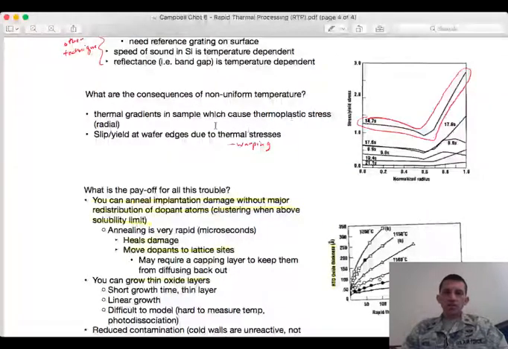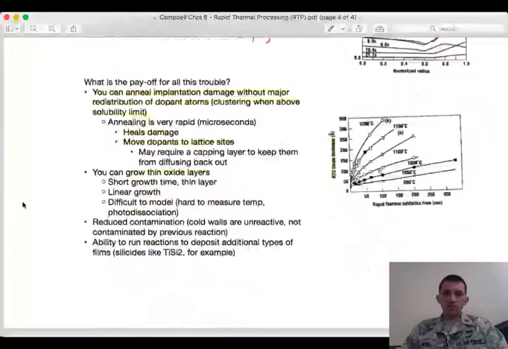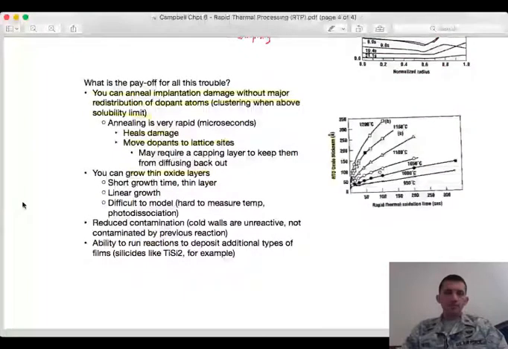And this thermoplastic stress can actually produce slip and yielding at the edges due to these thermal stresses, which can warp your perfectly flat silicon wafer, which is a bad day.